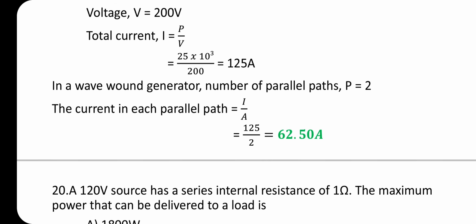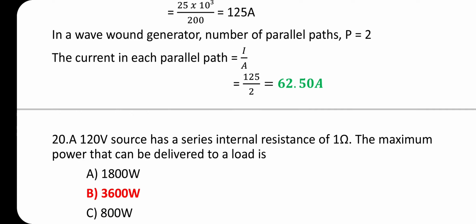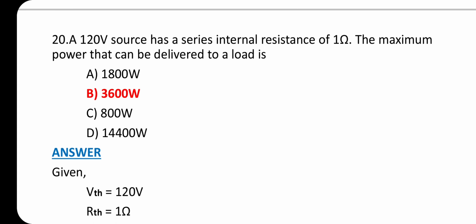In a wave wound generator, number of parallel paths A equal to 2. The current in each parallel path equal to I by A, which is equal to 125 by 2, which is equal to 62.5 ampere.